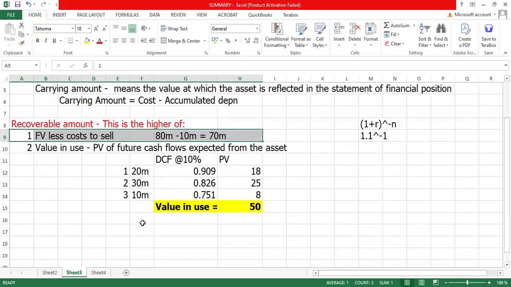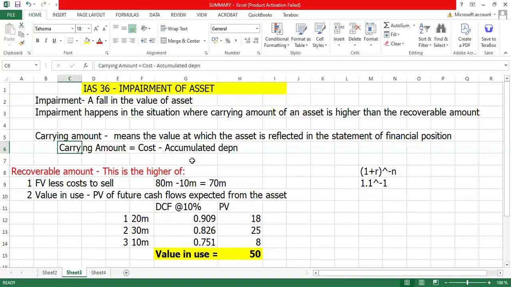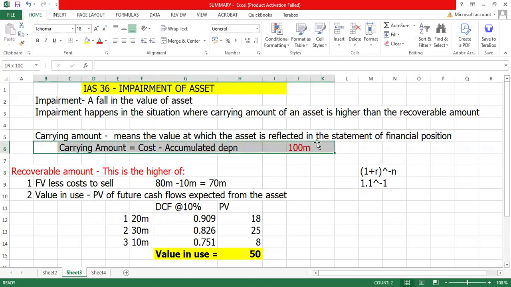So it means that in a situation where your carrying amount in the balance sheet at this date, assume our asset had, let's say, 90 million. This is your carrying amount.